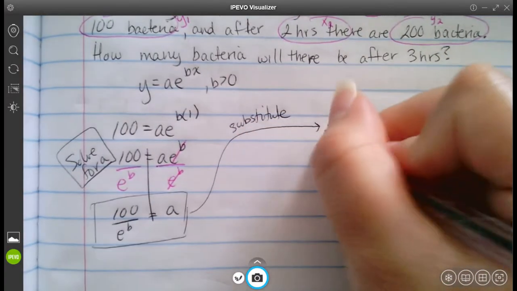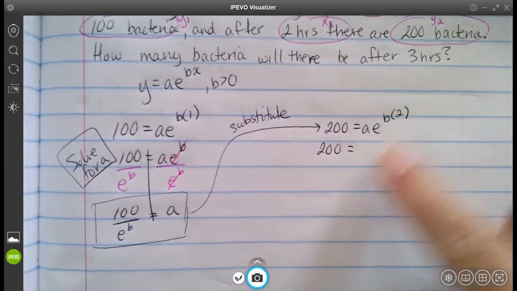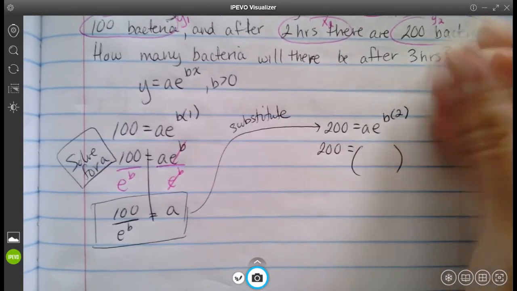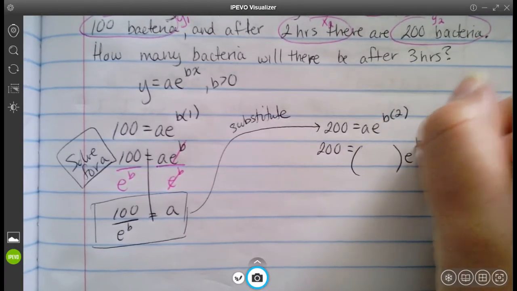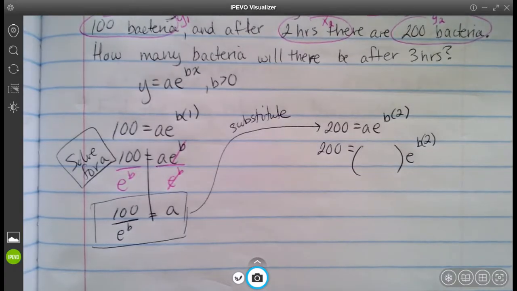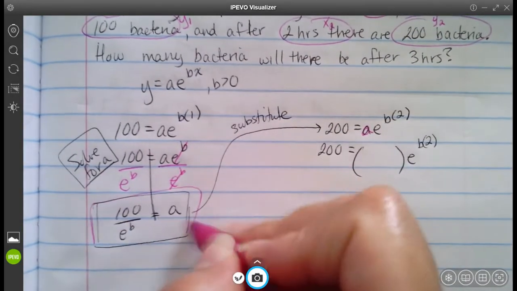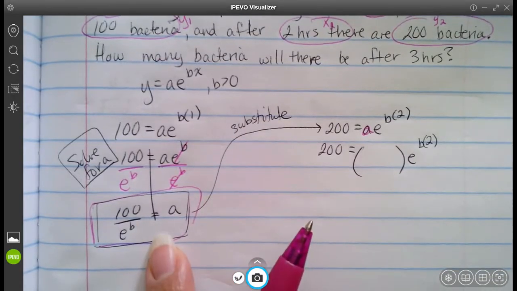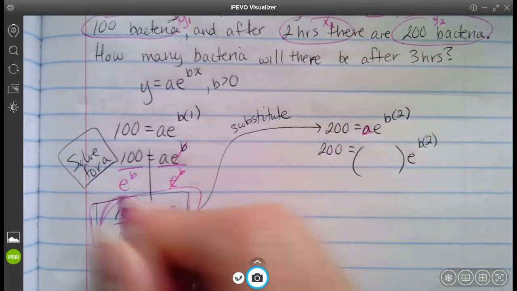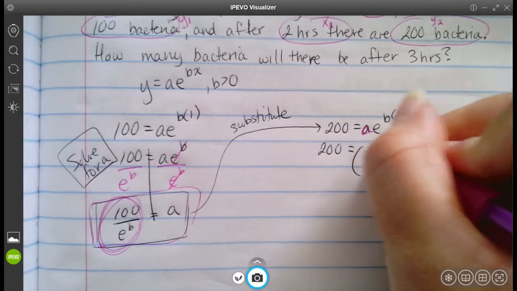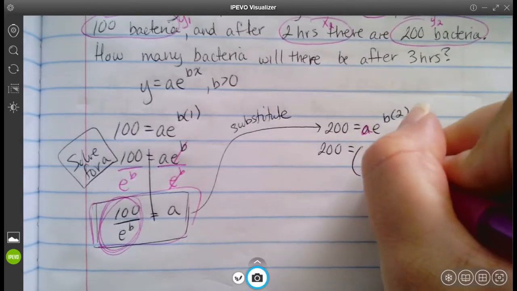So I'm going to have 200 equals, instead of a, I'm going to plug in what a is equal to: 100 over e to the power of b.